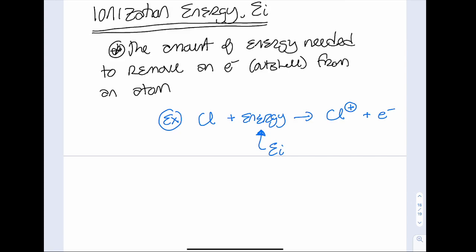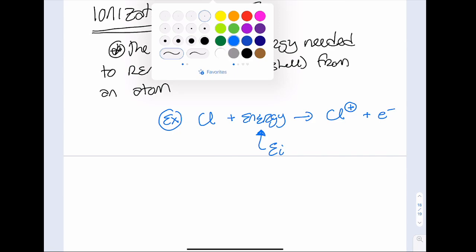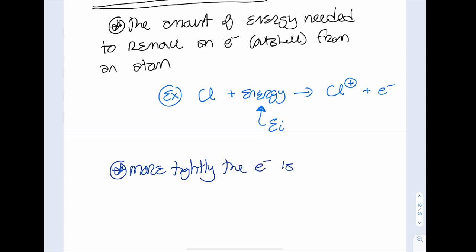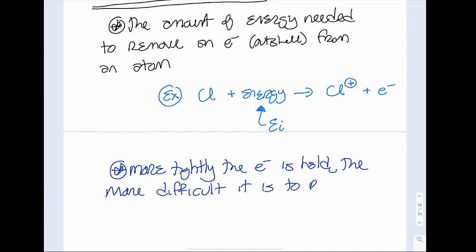And as you can imagine, for some atoms it's easier and for some atoms it's more difficult to remove electrons. So kind of in general, the more tightly the electron is held, the more difficult it is to remove it. Which just makes sense in everyday life, right?